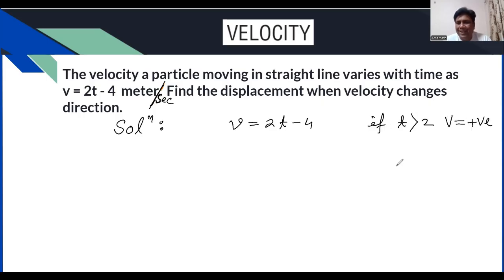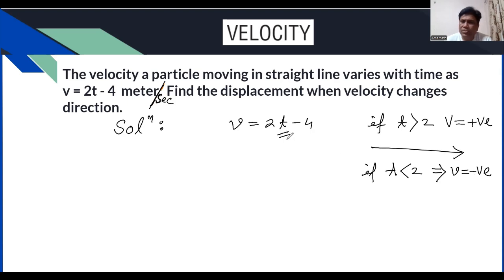It means after 2 seconds, the velocity of the particle will be along the positive x-axis. But if t is less than 2, then v will be negative. You can put the value and see. At t equal to 2, 2t is 4, but if t is more than 2, this part will be more than 4. It means v will be positive.